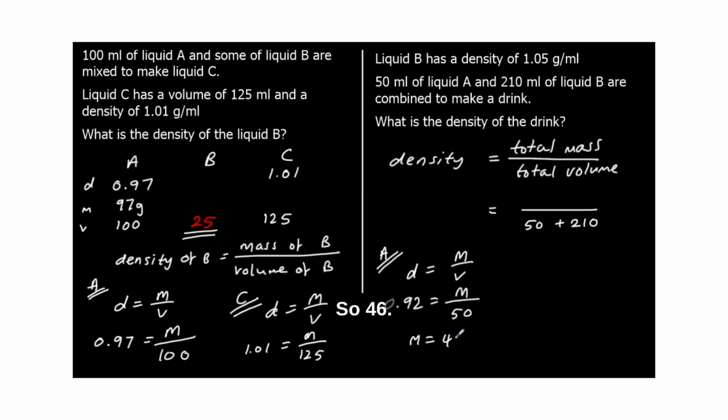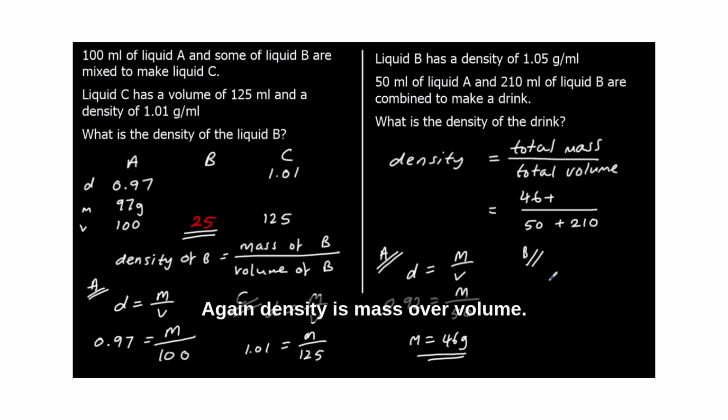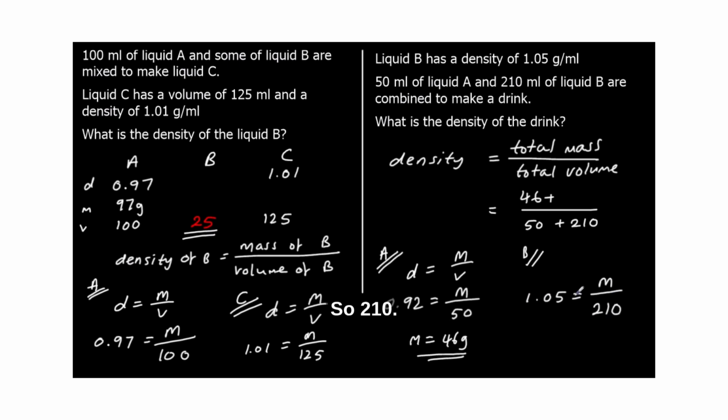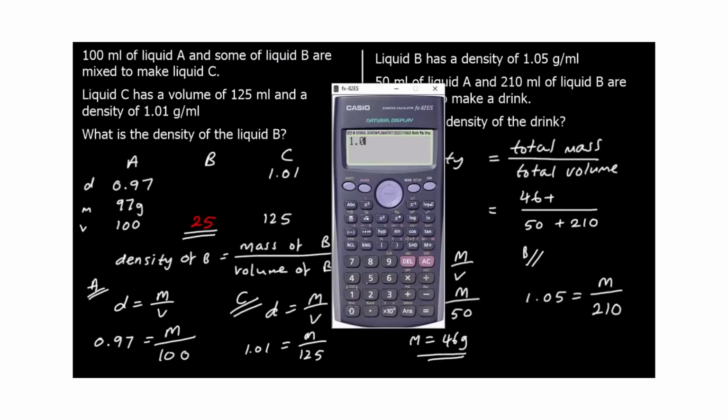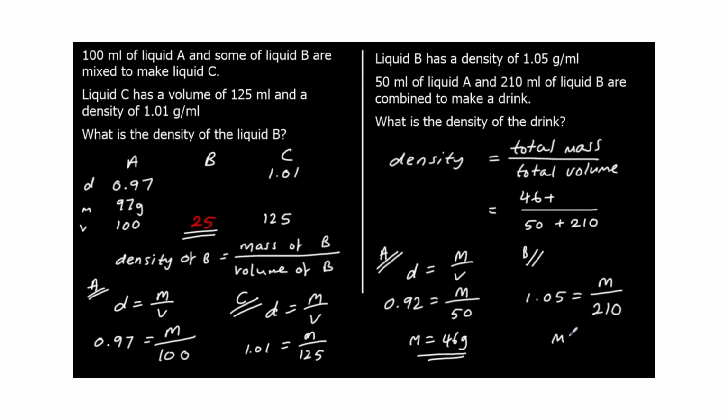So 46 grams. And for B, again, density is mass over volume. The density is 1.05 and the volume is 210. So 210 times 1.05 is 220.5.